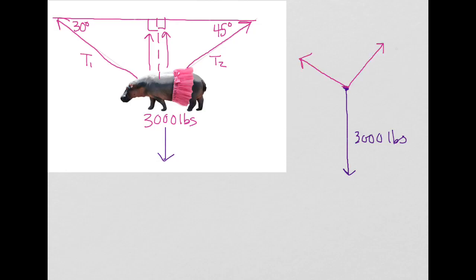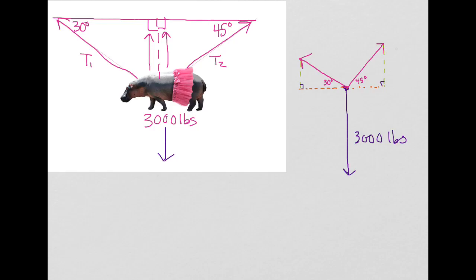Now notice I purposefully drew the vertical component of these vectors, which I guess I might as well draw in. Notice I purposefully drew the two vertical components of our force vectors as different in length because they can be different. Don't think they have to be the same.